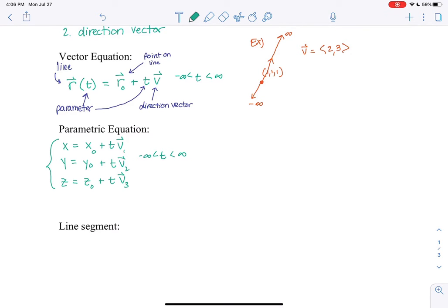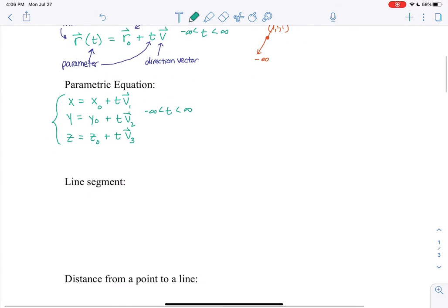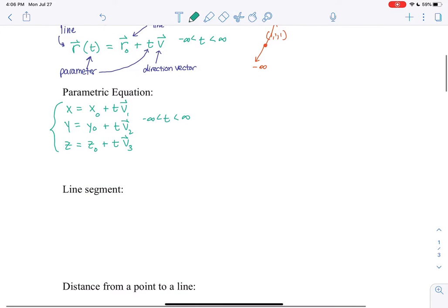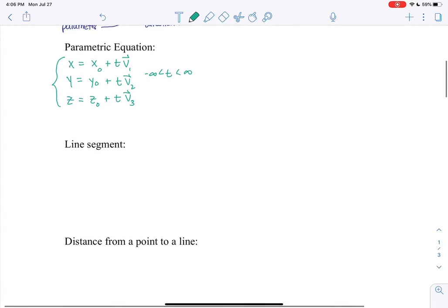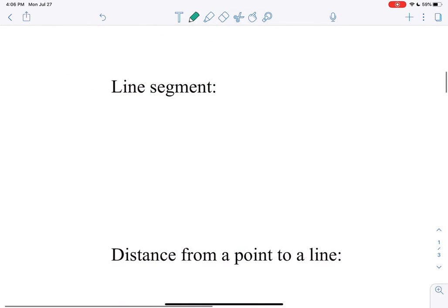Now, if we just want a line segment, that's easy to do. You just have to bound the parameter, so you only let the parameter extend along certain portions of the line. Let me write that out real quick.